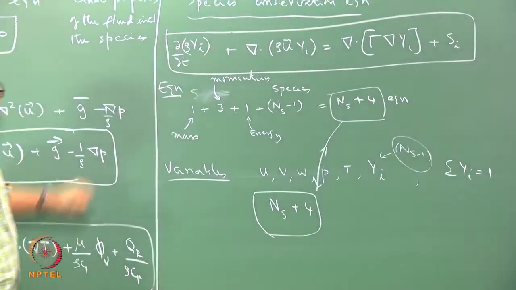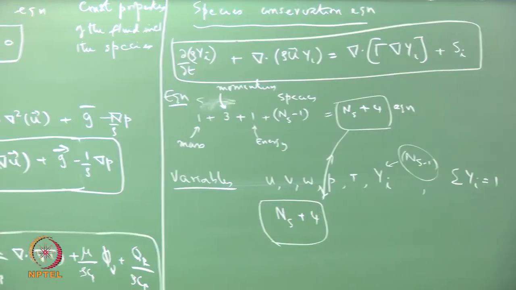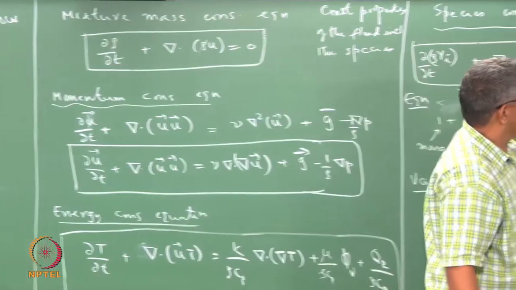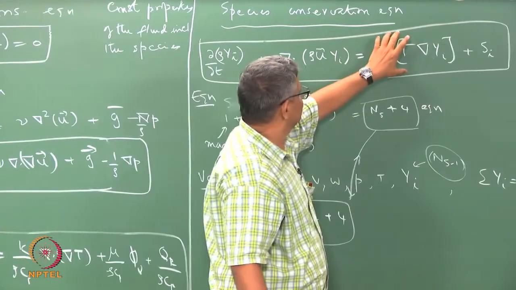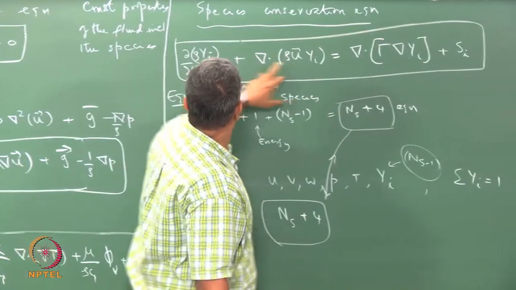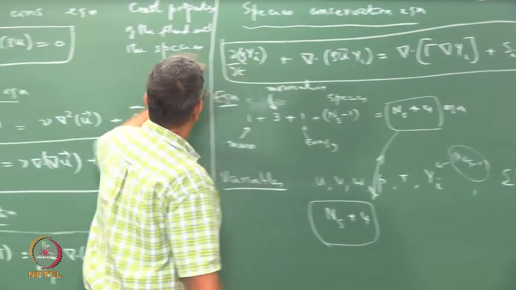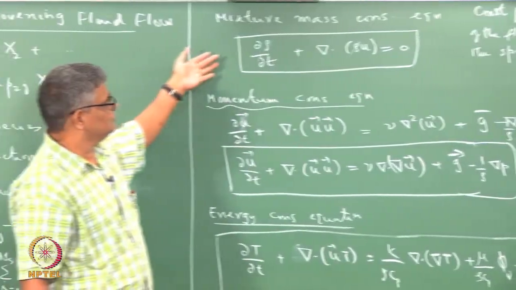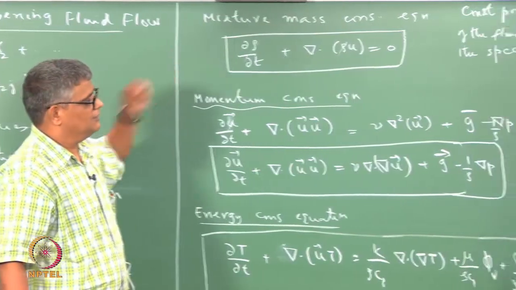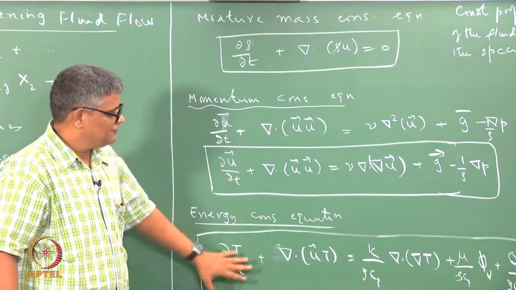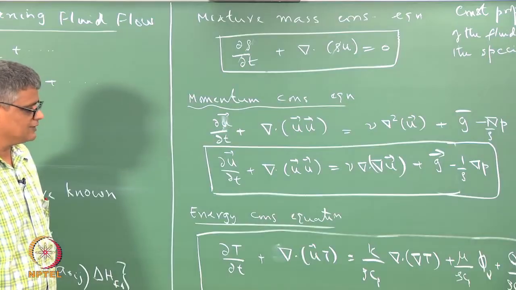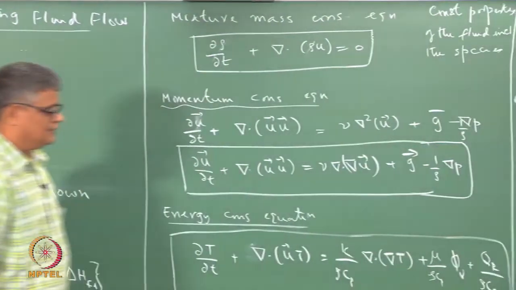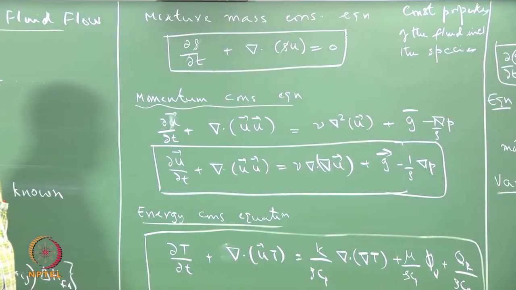It is essentially the same as this one here, because if YI equals 1, the gradient of 1 is 0, so this term is 0, and this becomes this and this becomes this. So the species conservation equation reduces to the mass conservation equation, which is not surprising, and the other equations remain the same except for the heat of reaction, which appears in the energy equation.